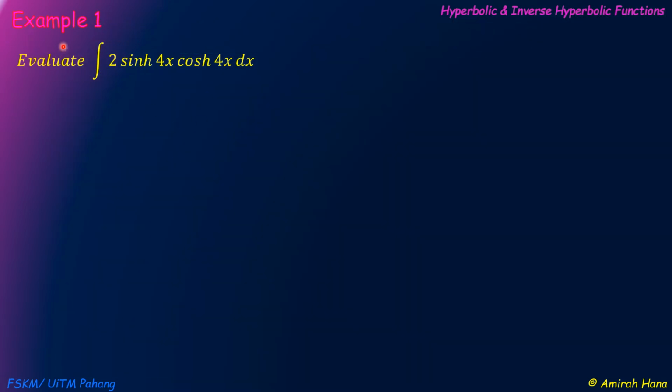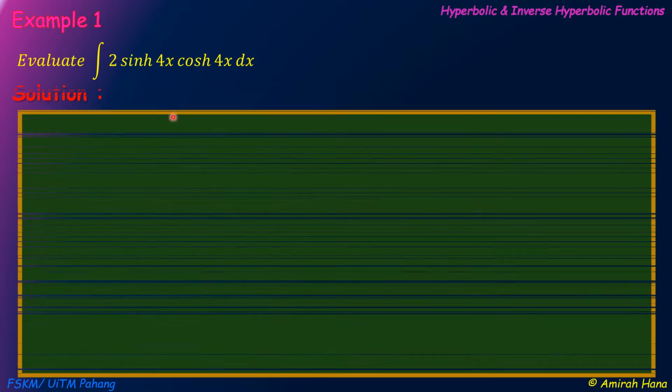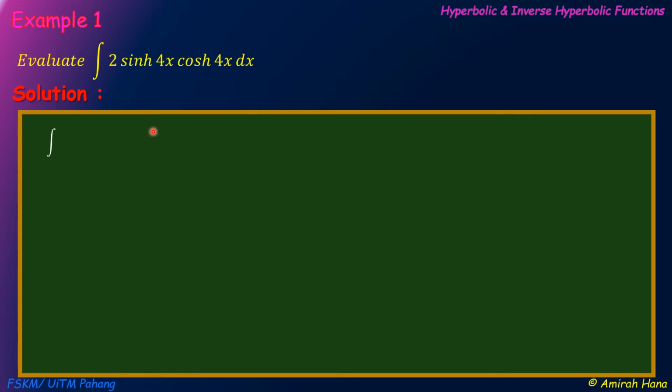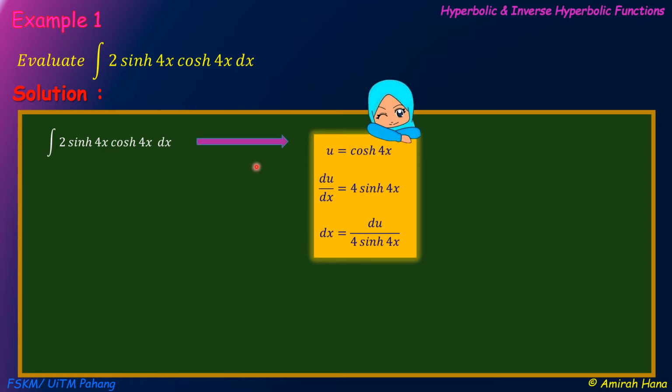Now we look at example 1 on page 29 in chapter 2. Evaluate the integral of 2 sinh 4x cosh 4x dx. Here is the complete solution. To integrate 2 sinh 4x cosh 4x dx, we can use u substitution. We choose u equals cosh 4x and then differentiate.